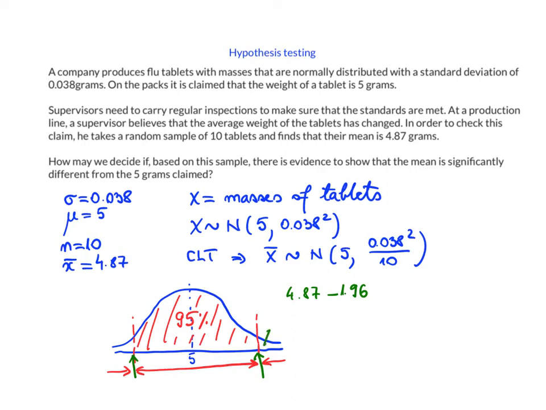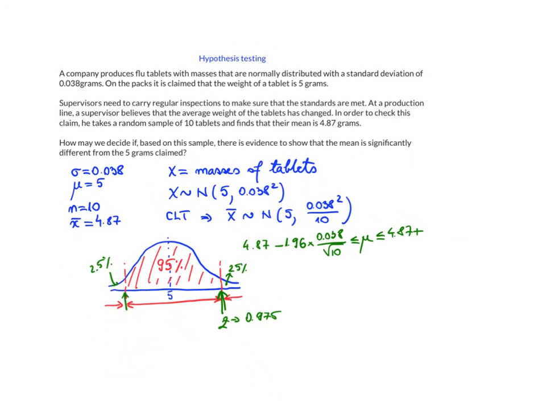So here you have 2.5%, here you have 2.5% of your data because you need the 95% in the middle. So this one corresponds to a z value of 0.975. So 0.038 over square root of 10, less than or equal to the real mean, less than or equal to 4.87 plus 1.96 times 0.038 over square root of 10.